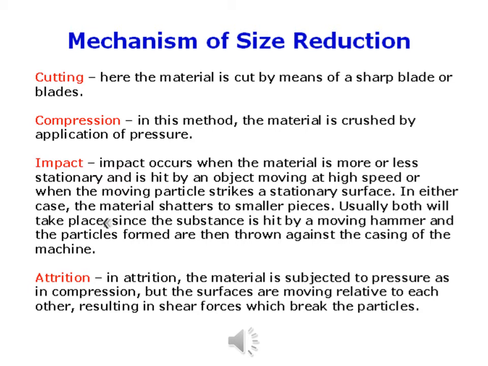In either case, the material shatters into smaller pieces. Usually both take place, since the substance is hit by a moving hammer and the particles formed are then thrown against the casing of the machine. That means the particles would discharge.